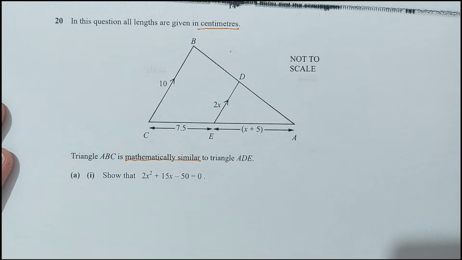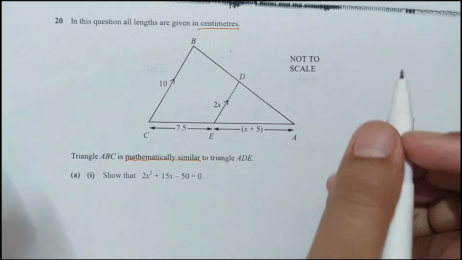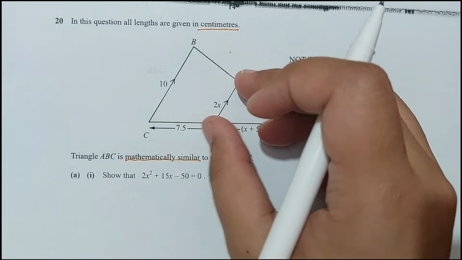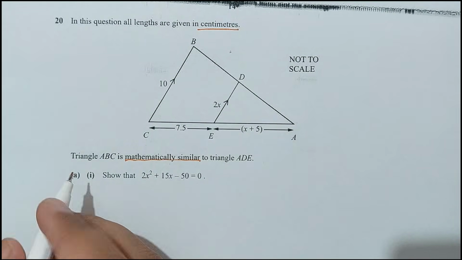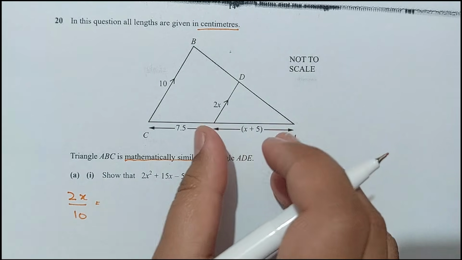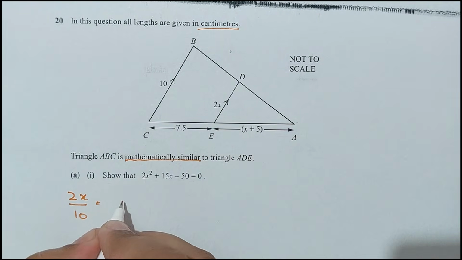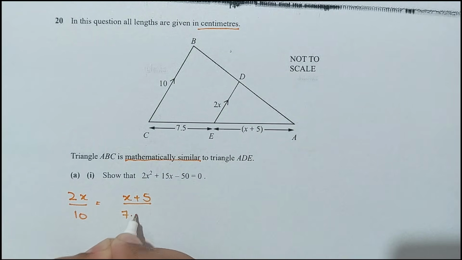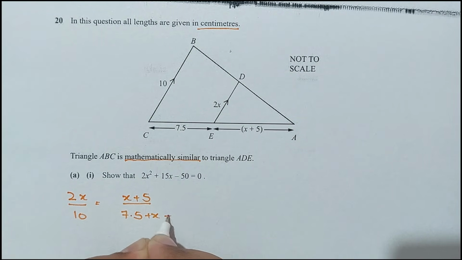If they're mathematically similar, it means the ratios of their corresponding sides are equal, right? So for the smaller triangle this side, for the bigger triangle this side, their ratios are the same. So the ratio of 2x over 10 would be equal to the ratio of this side and this side, which is x plus 5 over 7.5 plus x plus 5.